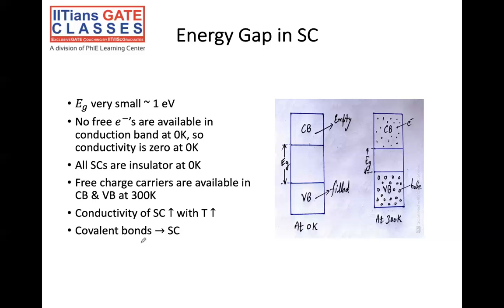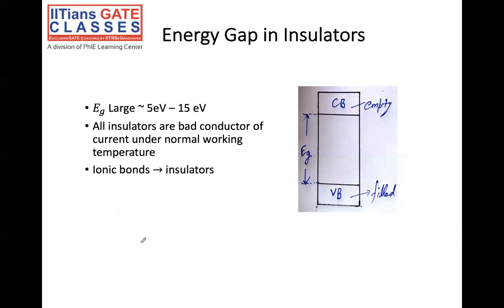Okay, so now the energy gap in insulators. It is very large, which is 5 electron volt to 15 electron volt. That is why all insulators are very bad conductors of current under normal working temperature. And ionic bonds are found in insulators.